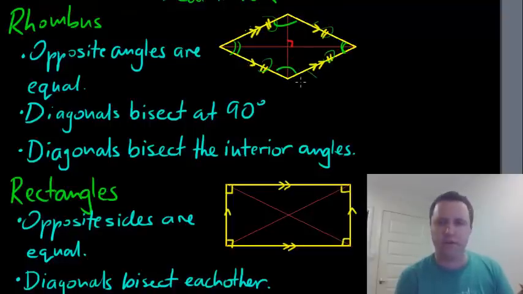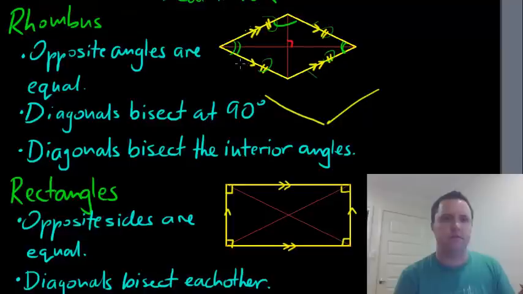If we were to zoom in on this one, let's draw a quick little version of that here. There's that angle, the bisecting line coming down through here.